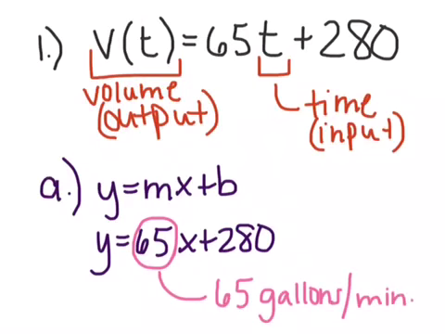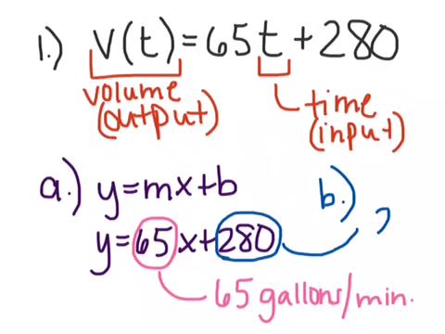Part B is asking you for the amount of gallons of water that were in the tank when the pumps were turned on. Remember, when we're working with these modeling problems, our B value, which here is 280, is always our starting point or our initial.